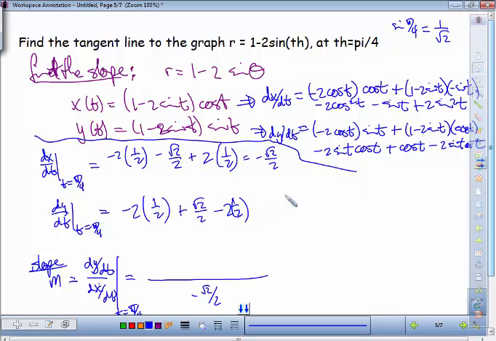Two times 1/2. So what do we have now? These don't cancel. Doesn't look like they cancel. So we have 1, 2, 2 plus root 2 over 2. Wow, whatever that is.